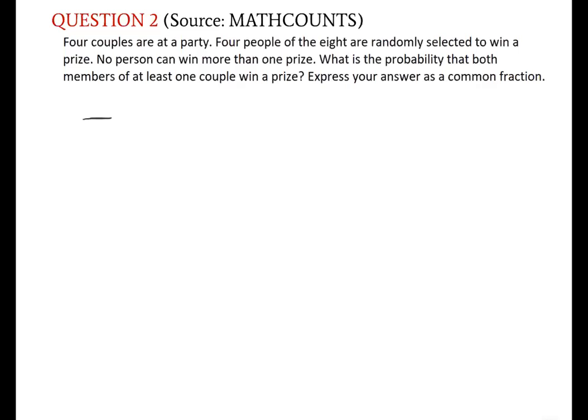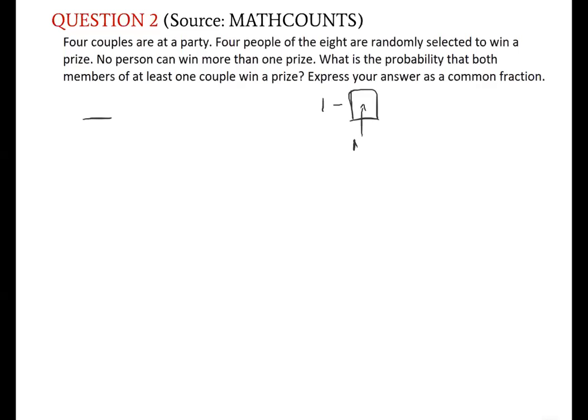So the easiest way to do this is to just do complementary counting. So we'll basically do the total probability, or 1, minus the probability of no couples winning.